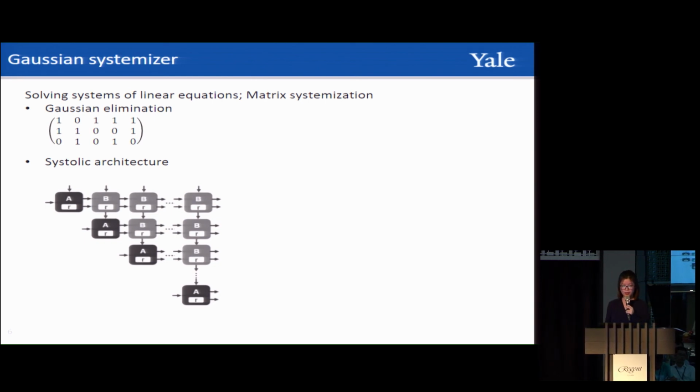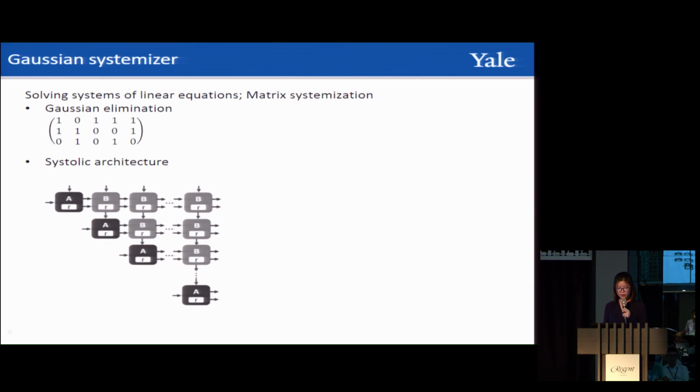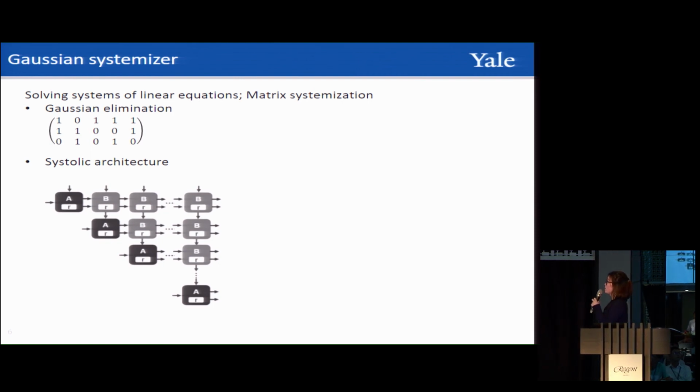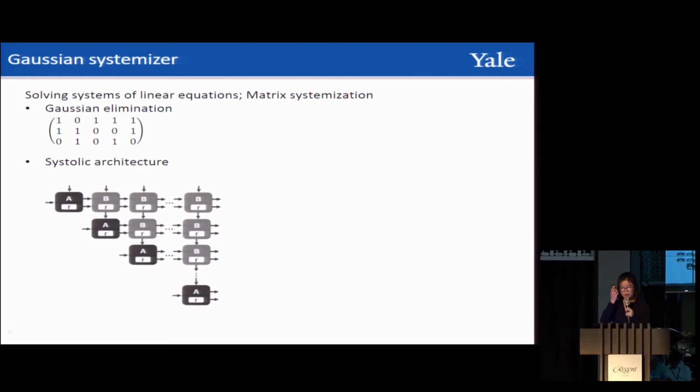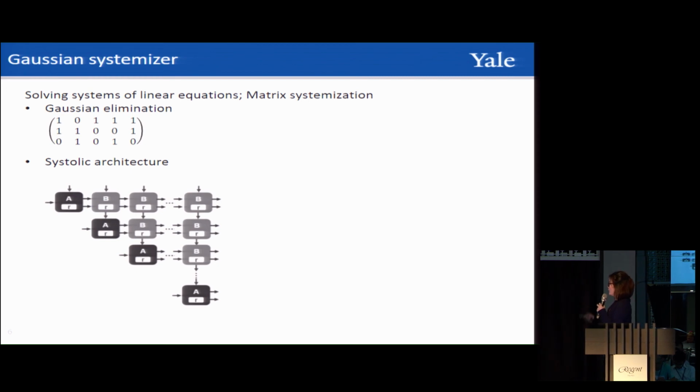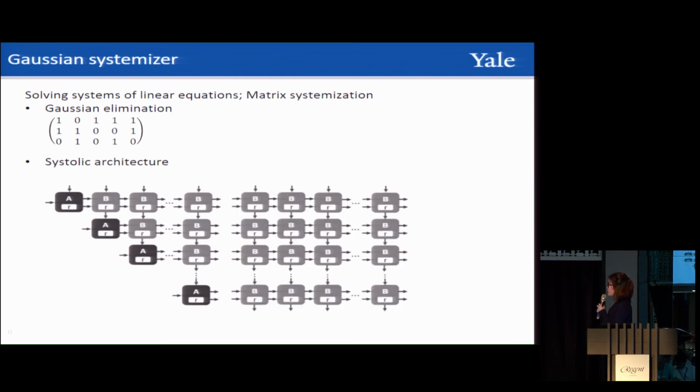So this architecture here works perfectly for small matrices, but not for large matrices. Because we know that we need to build an architecture which is of the same size as the matrix size. However, eliminating huge matrices is actually needed for code-based systems because of the large parameters. Then how do we do it? The only previous work that also implemented a Gaussian systemizer achieved it in this way.